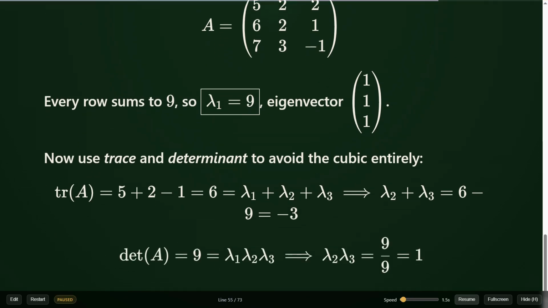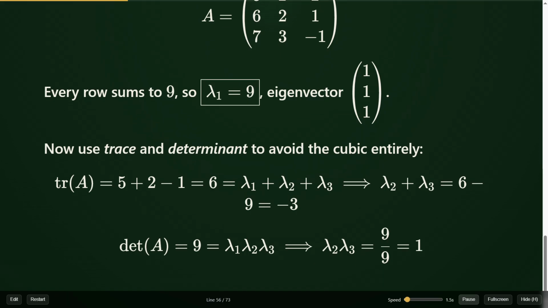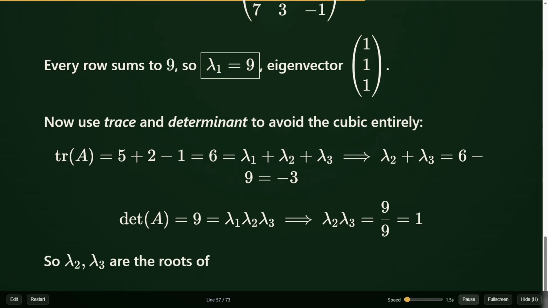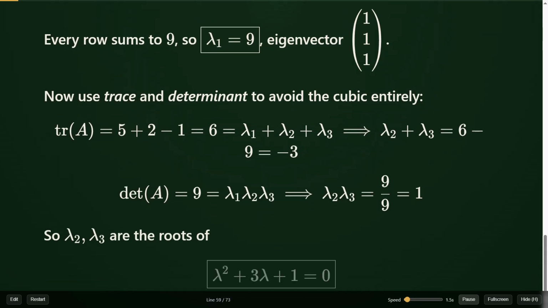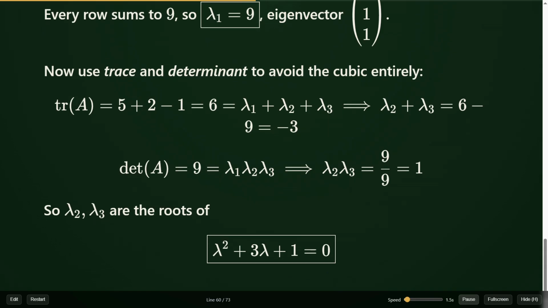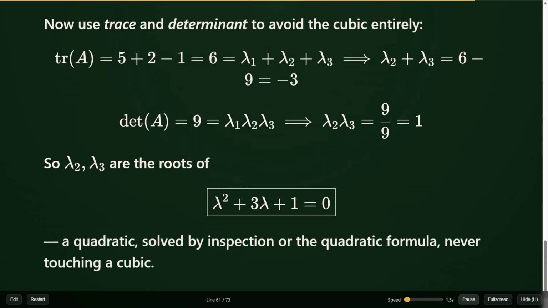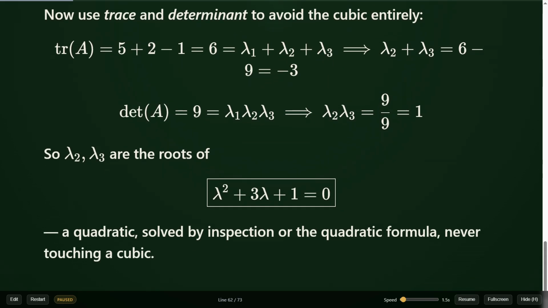Now the trace in this case is 6, and therefore lambda 2 plus lambda 3 is equal to minus 3, and the determinant of the above matrix is 9, therefore lambda 2 into lambda 3 is equal to 1. Therefore the quadratic which we have to solve for getting lambda 2 and lambda 3 is lambda square plus 3 lambda plus 1 is equal to 0.